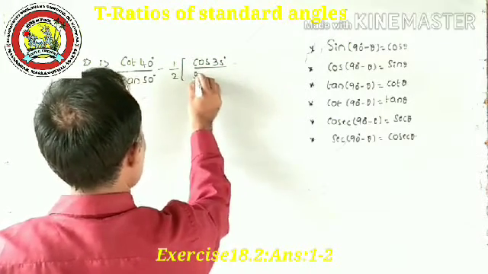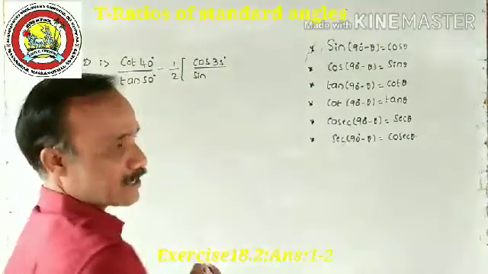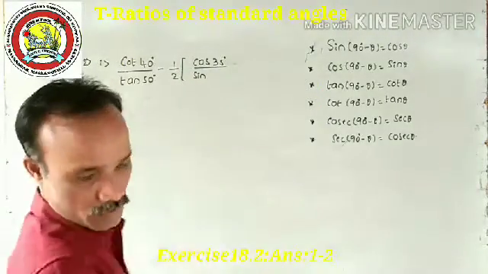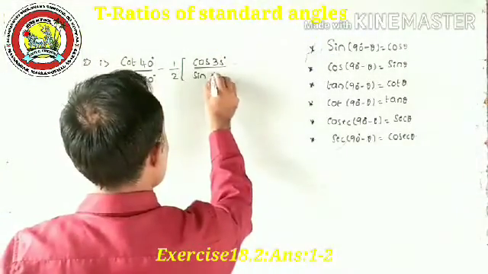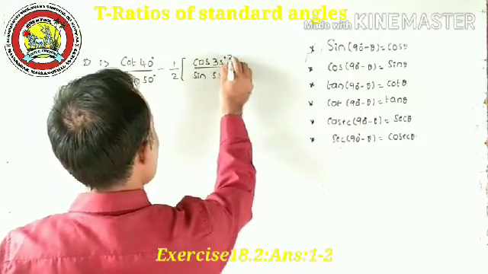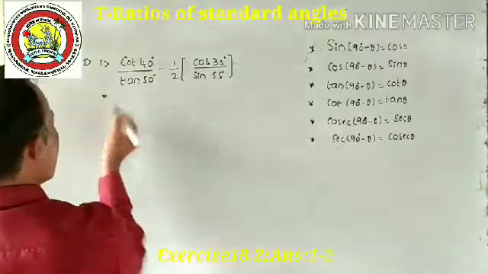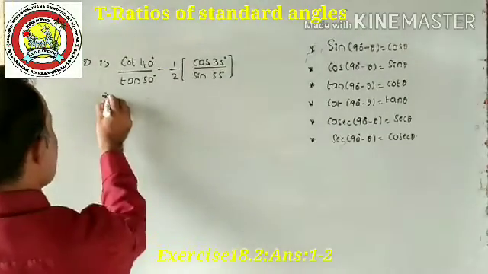Cos changes to sine, and 90 minus 35 is 55 degrees. So without any simplification, we can write the perfect answer easily.